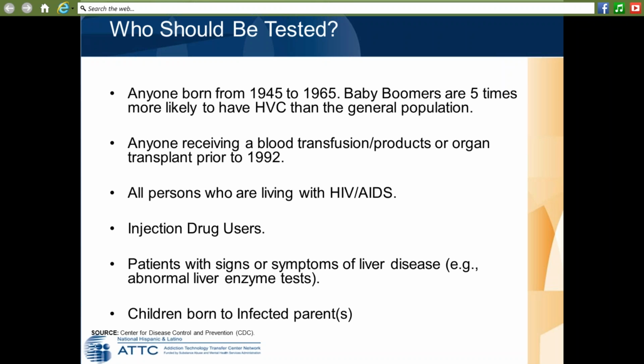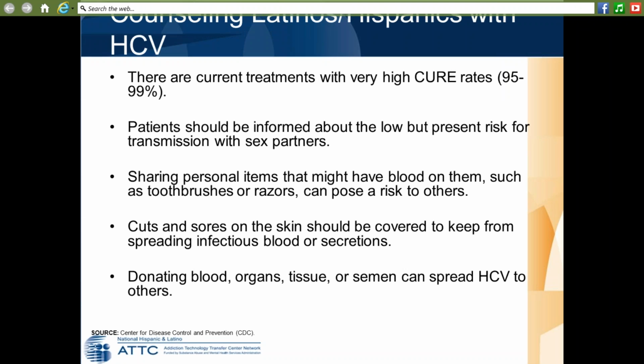Those are opportunities to engage the Latino community in traditional and non-traditional ways to get tested and to know their status. All of the priority populations to be tested are also recommended by the Centers for Disease Control and Prevention.